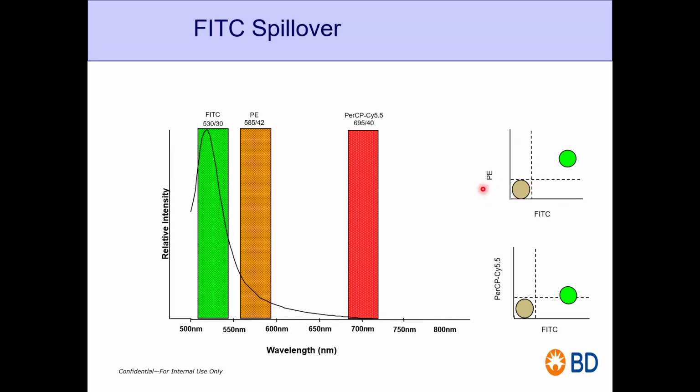But this shouldn't be the case, right? Because this particular sample is tagged with only FITC. This sample has run just for FITC, but still you are getting a PE signal and also a little bit of PerCP signal. Why?